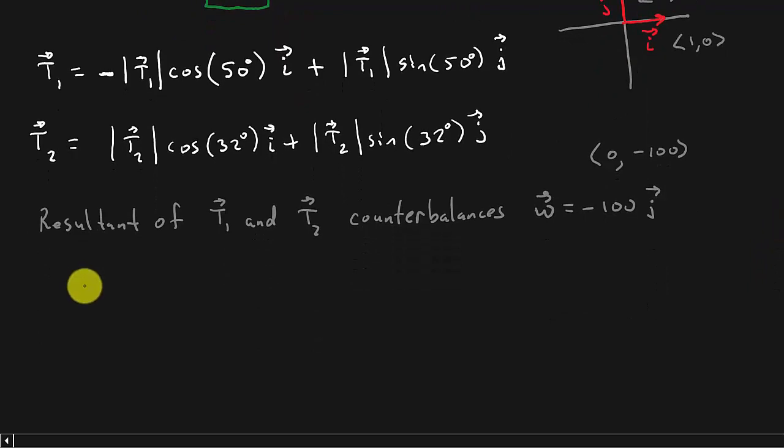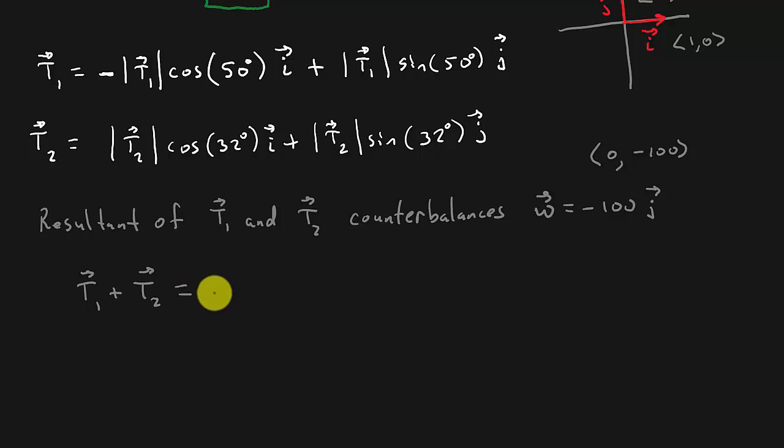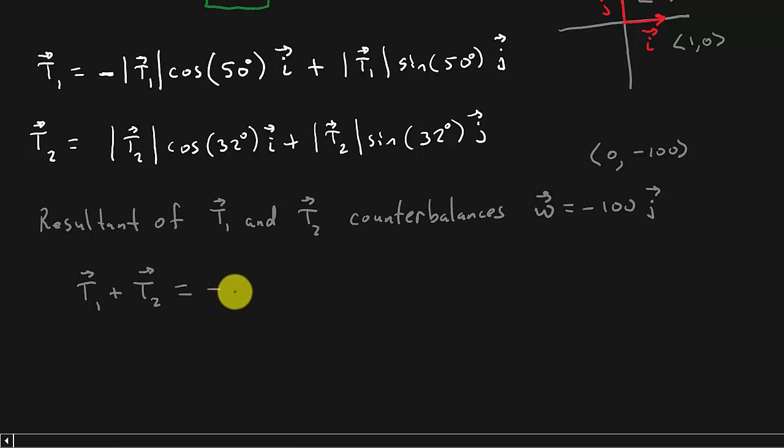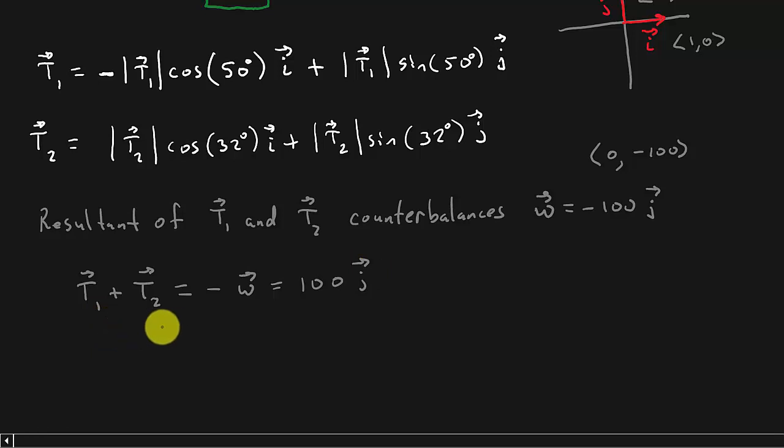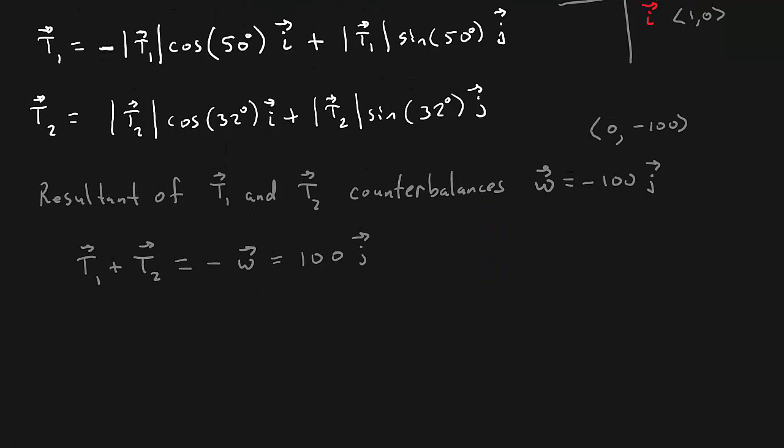So what that means is T1 plus T2 has to counterbalance, so that's going to have to equal negative vector W, which is going to be 100J. So we've got to take T1 plus T2 and set it equal to negative W. All right, so let's do that.